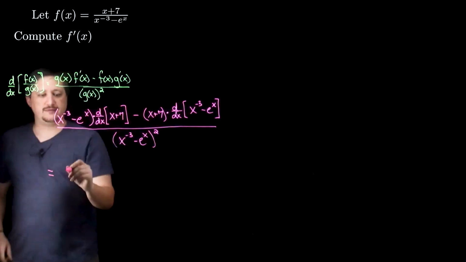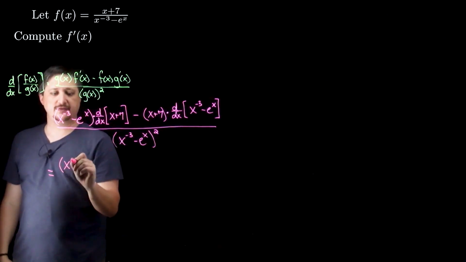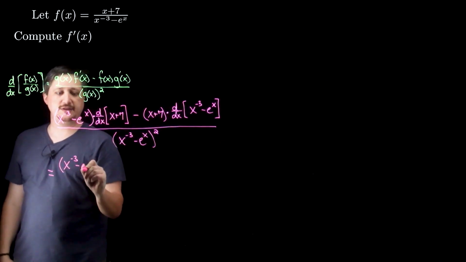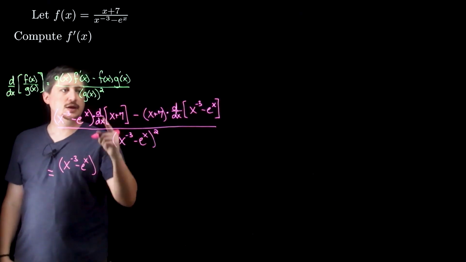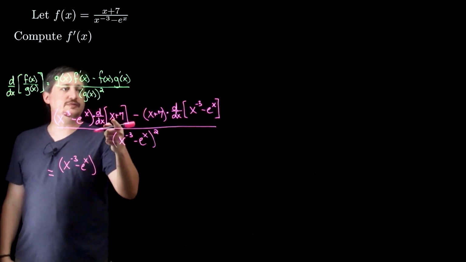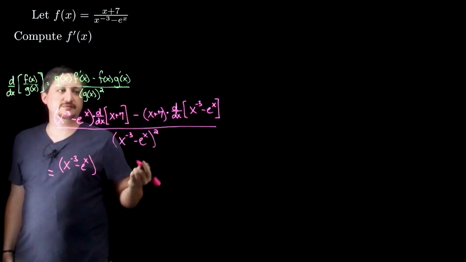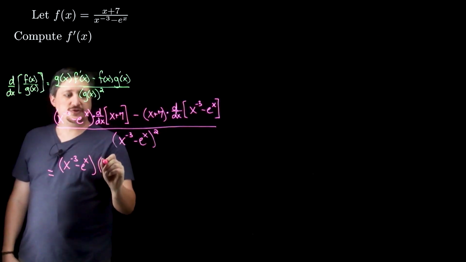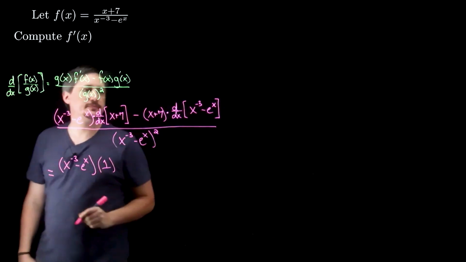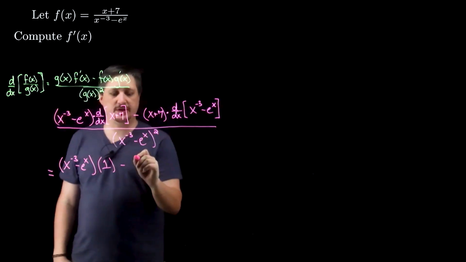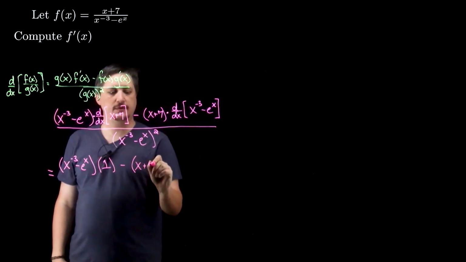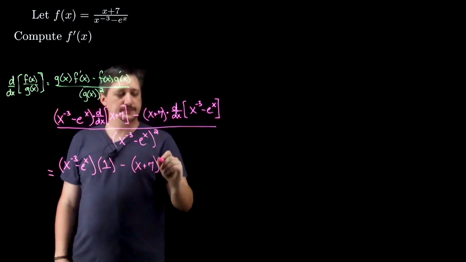So I still have this. So I have x to the minus 3 minus e to the x. Derivative of x plus 7, so the derivative of x is 1. Derivative of 7 is 0. So this is just 1. Minus, so then I'm going to have x plus 7. Derivative here.